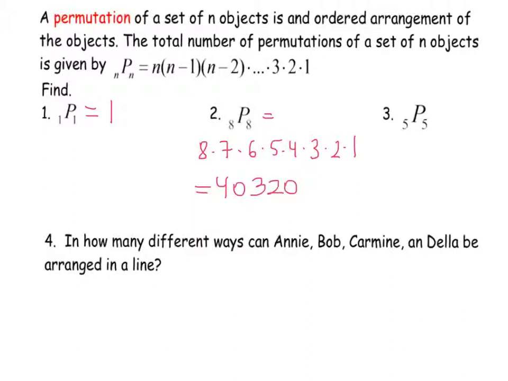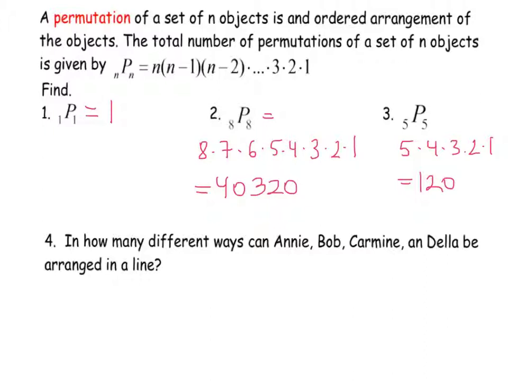On this last problem, we have the permutation of 5 objects, 5 taken at a time. So 5 times 4 times 3 times 2 times 1, and if we multiply everything together, we get 120.